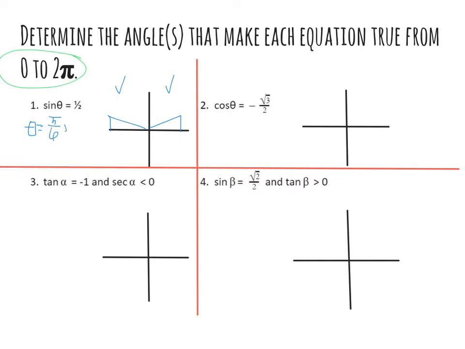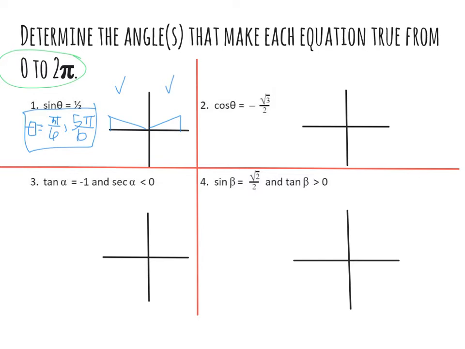And I know the value in the second quadrant is 5 pi over 6. It's a little bit less than an entire pi. So my final answers, even though my drawing isn't great, are pi over 6 and 5 pi over 6 for number 1. What that means is that if I took the sine of pi over 6, I would get 1/2, and if I took the sine of 5 pi over 6, I would also get 1/2.